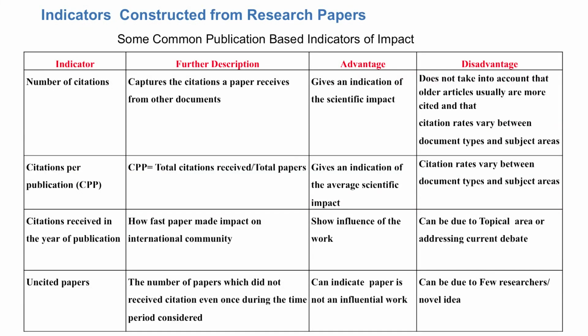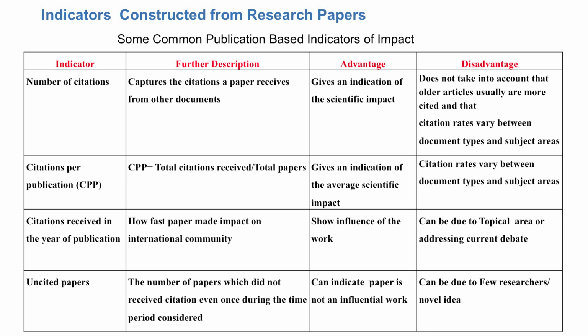Now, we go to impact measurement, which can be done based on citations. It consists of various types of citation indicators. I will be presenting a few of them. Number of citations captures the citations a paper receives from other documents. Citations per publication is the total citations received relative to the total papers.